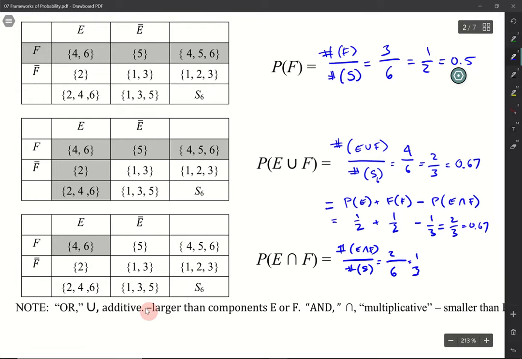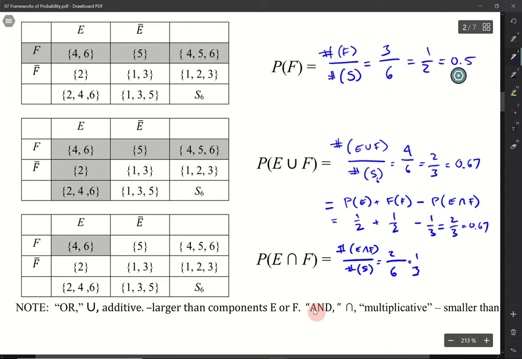Okay. Meanwhile, if we do AND, it gets smaller, because now we're looking at a part of E, like that part of E, and we want that part of F. And so here it's a third, which is obviously 0.33, and the original probabilities of E and of F were a half, 0.5.